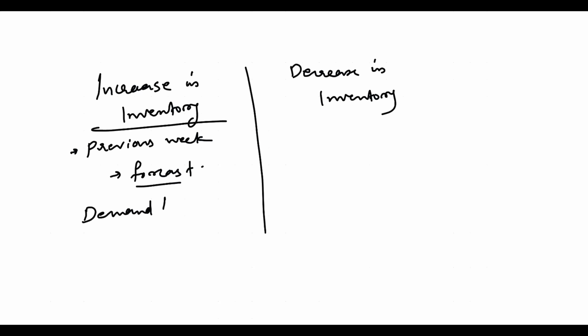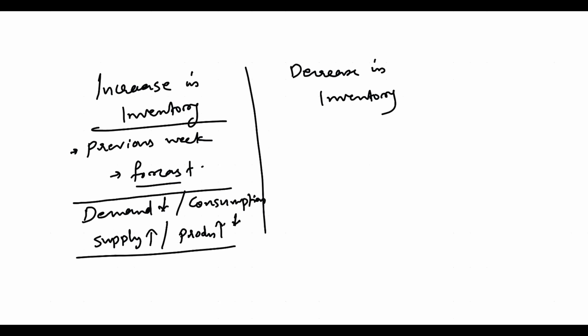Demand is less means consumption is reduced or supply increased, or you can also interpret as production increased, which will lead to price decrease, which shows bearish. Okay, crude oil goes bearish. So I hope this is very clear.